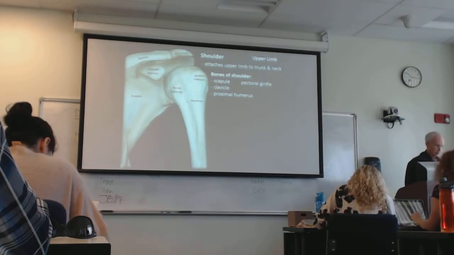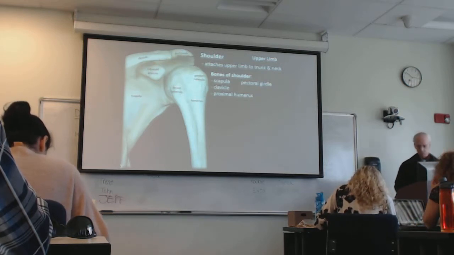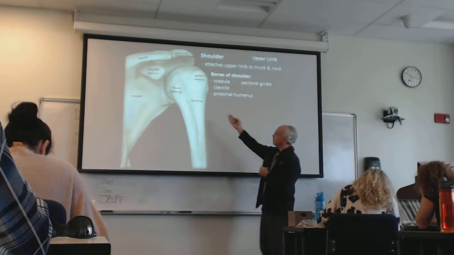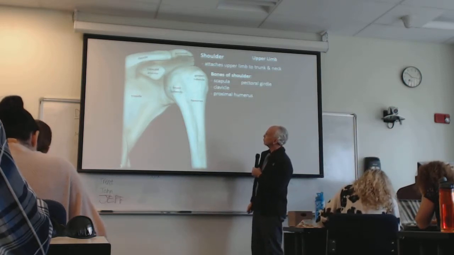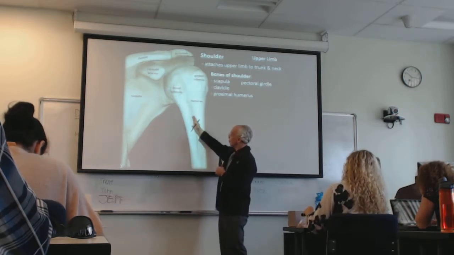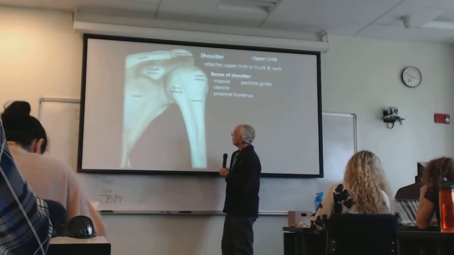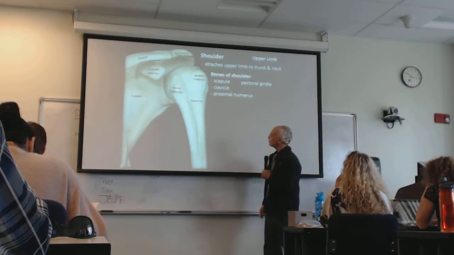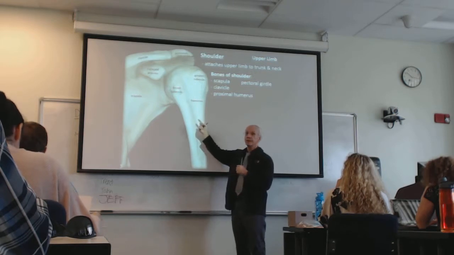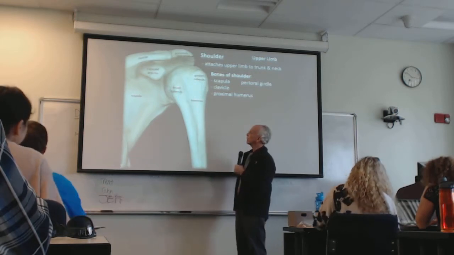You'll also notice, and again, just because this is a nice illustration, we'll see some more illustrations of this, that the proximal humerus here has a little furrow or ridge running up the middle, on the anterior side, and that's going to be an important furrow to accommodate the tendon of the long head of the biceps.